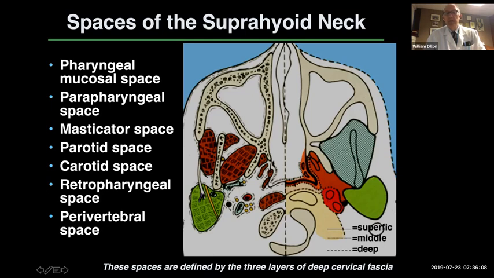The potential retropharyngeal space can be involved in infections and other pathology of the pharynx. And the perivertebral space around the bones can sometimes bulge into the head and neck. You see some anatomy on the left side of this screen and the spaces on the right.